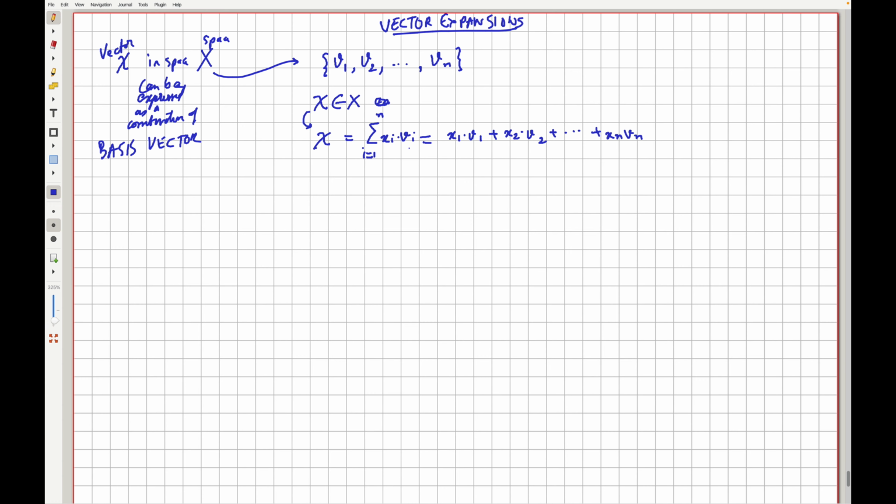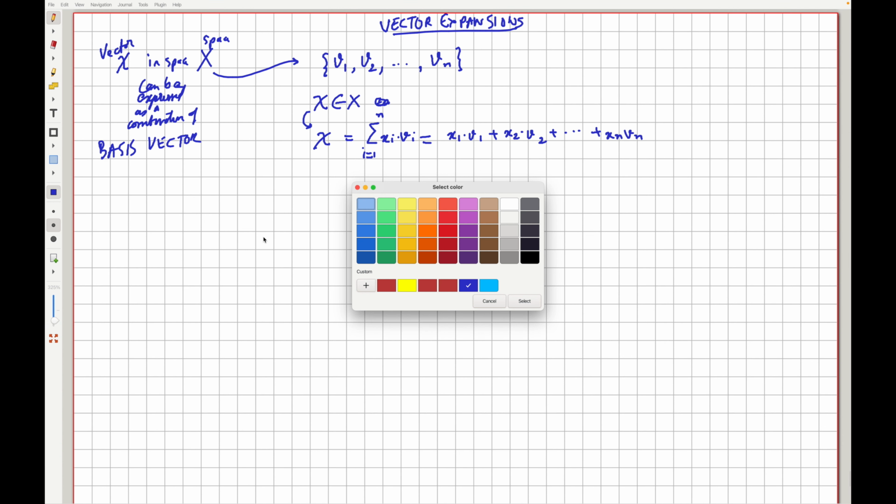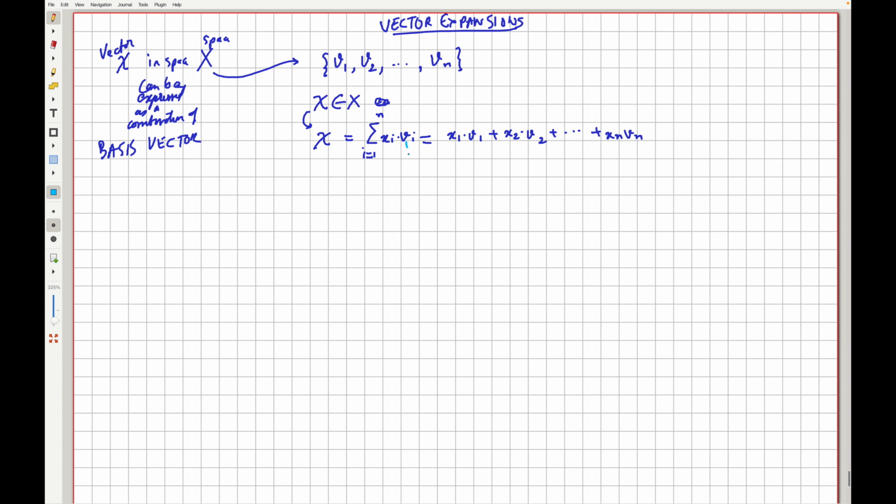And here the v_i are the basis vectors that define the space X that we are talking about, and the x_i are the coefficients.